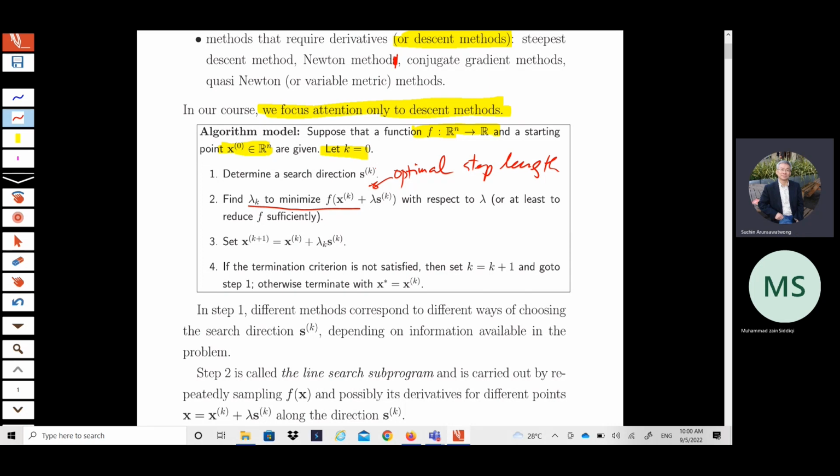But nowadays we know that with good methods, the line search doesn't have to be exact, or at least it has to reduce the function f sufficiently. We will see later what sufficient level we need to reduce the function f so that the algorithm converges to a solution.